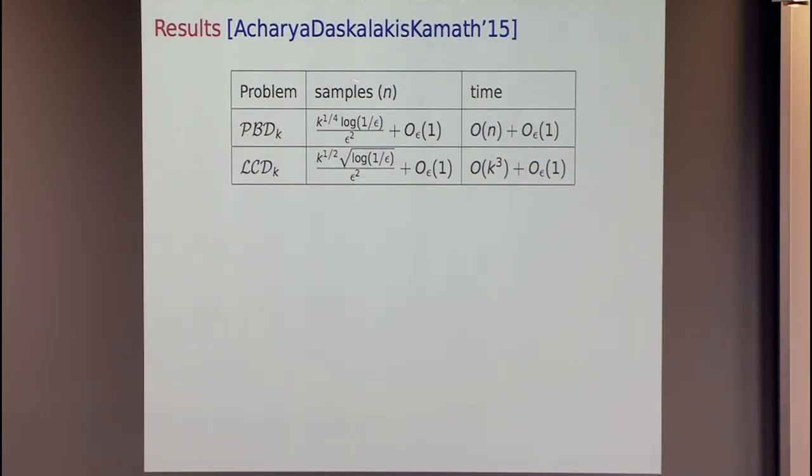And it runs in time that's linear in the number of samples that we take. Similarly, for the problem of log concave distributions, it goes as square root k, and the time is again efficient in the alphabet size. Moreover, we can also show lower bounds that match in terms of k and epsilon squared, and are off by only a logarithmic factor in epsilon.